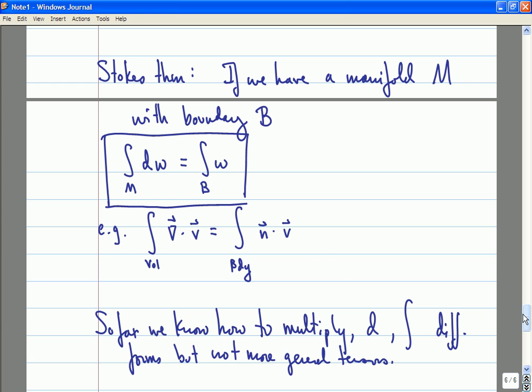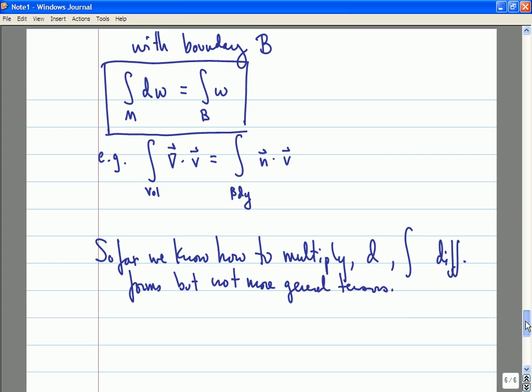Unfortunately, or fortunately, I think, in order to understand more general derivative operators and integrals, we're going to need to study some geometry.